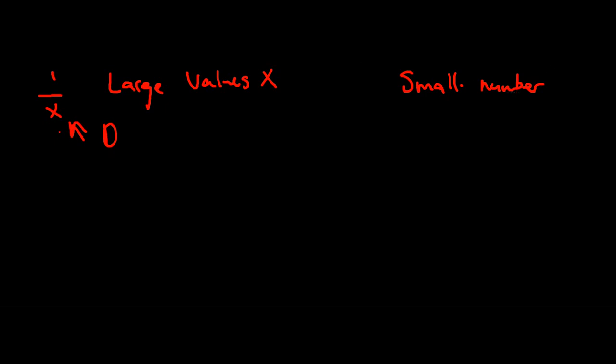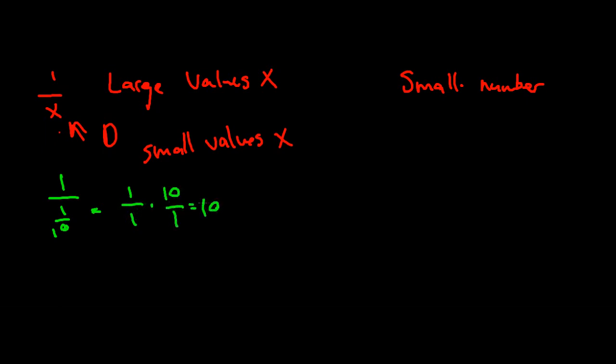But let's see what happens when we put in small values for x. If I put in a small value, like 1/10, like I demonstrated earlier, 1 over 1/10 is the same as 1 over 1 times 10 over 1, which is 10.